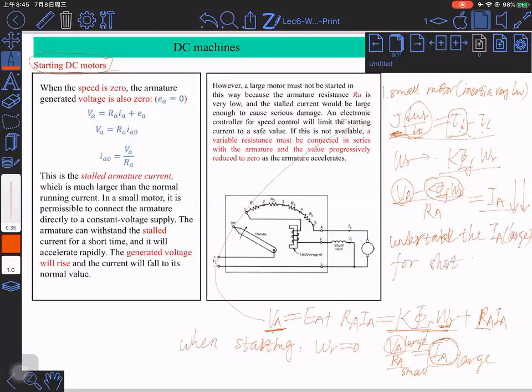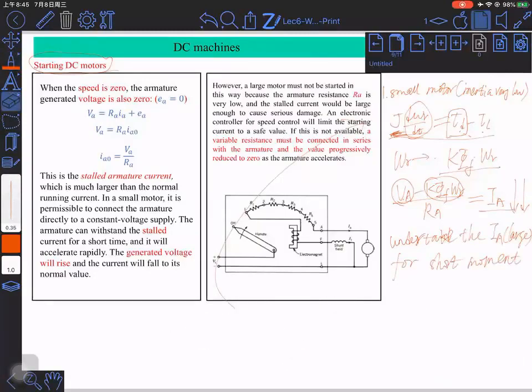But what happens if we are looking at a very large motor, say a high power motor? If we are looking at a high power motor, it is troublesome. Why? Because if we are looking at large DC motor, the inertia is high. And for some of them, it can be very high.